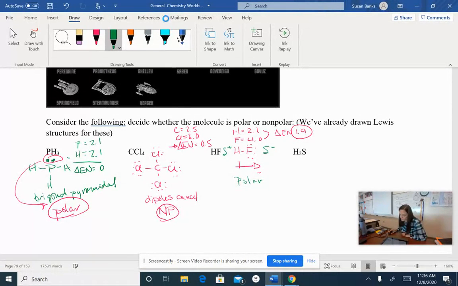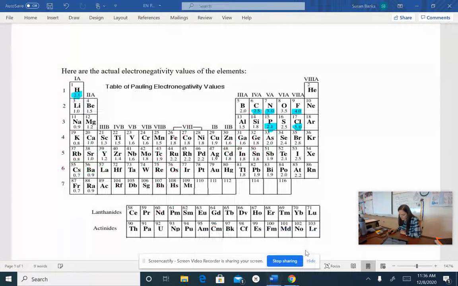Okay? All right, hydrogen sulfide. We have sulfur in the middle, and we have hydrogen at the end. So there's the Lewis structure for hydrogen sulfide. Let's look up our electronegativities. So hydrogen is 2.1. We've already done that a few times. Let's look up sulfur. Sulfur, we have 2.5.